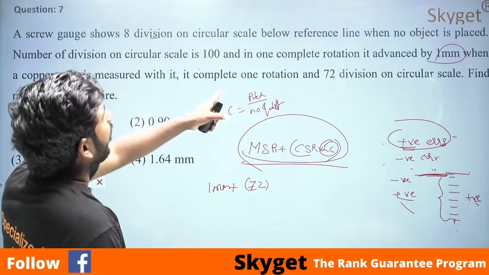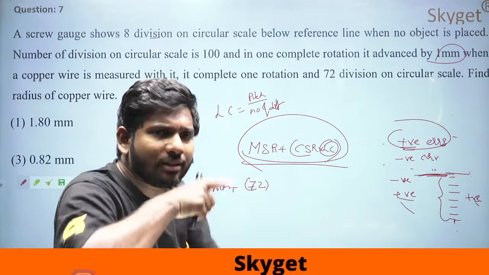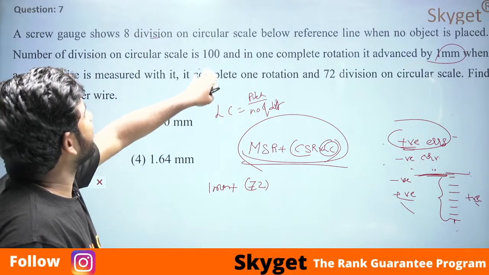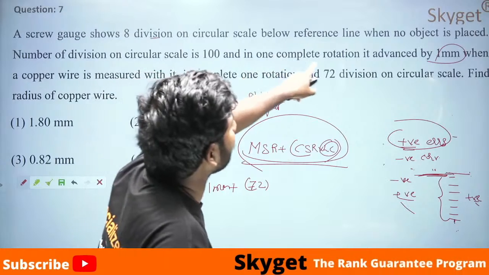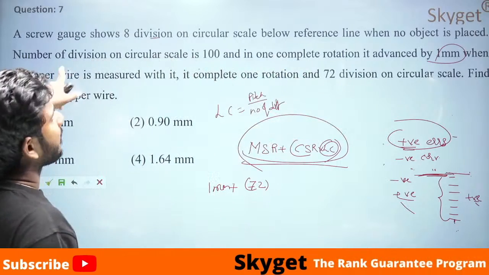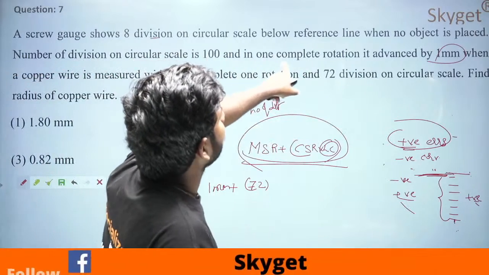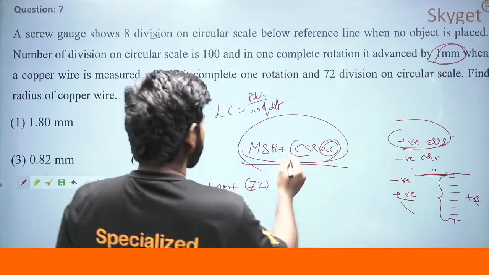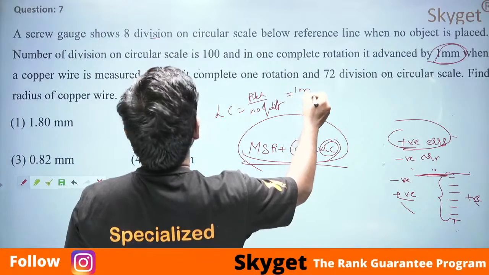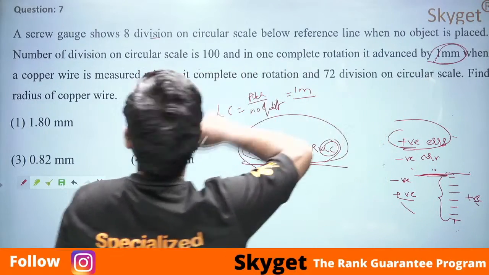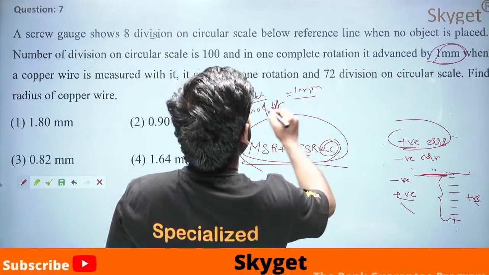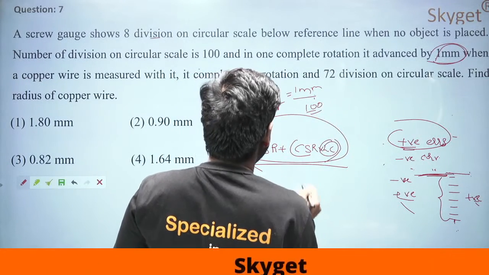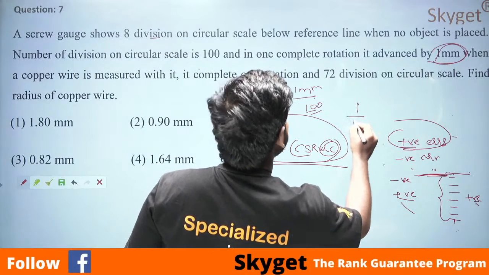Pitch is the distance travelled by the scale for one rotation. It advanced by 1 millimeter, so pitch is 1 millimeter. The number of divisions is 100, so least count will be 1 by 100, students.